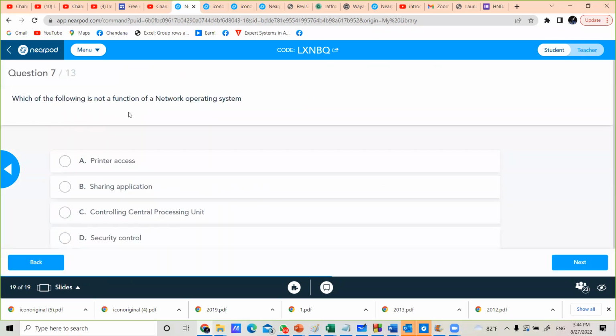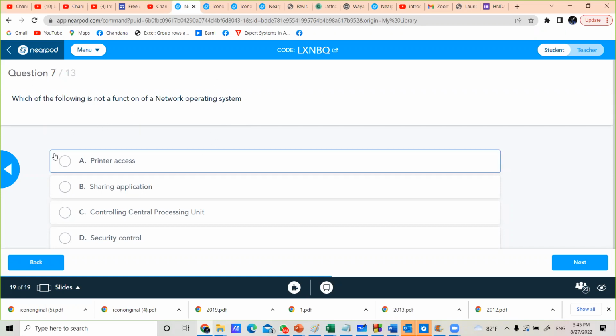Which of the following is not a function of a network operating system? Earlier we learned the functions of a network operating system: data sharing, allocating resources, allocating memory, setting security, and accessing resources like printers. These are some network functions. But here one function is not controlled by the network operating system.